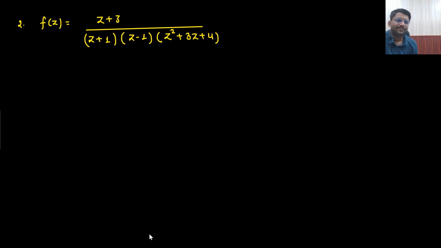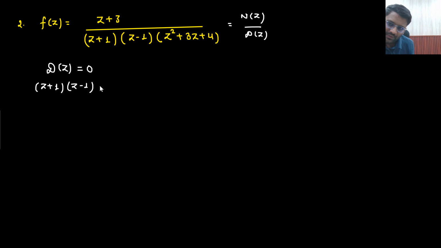See this example, numerator by denominator. Put the denominator equal to 0. That means put (z plus 1)(z minus 1)(z square plus 3z plus 4) equal to 0.